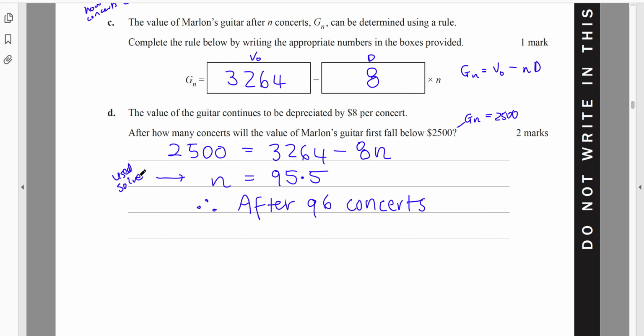So it is important that we round that value up. And so it is after 96 concerts. Now, you wouldn't have wanted to use recursion in this case because it wouldn't have been a fast way to get to your answer. You would have been pressing enter on your calculator many times. So here, using the rule for the nth term is definitely your best approach.